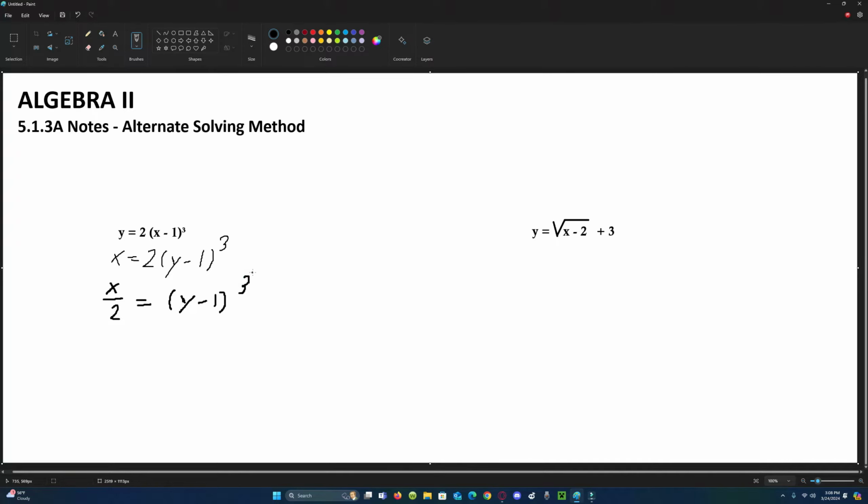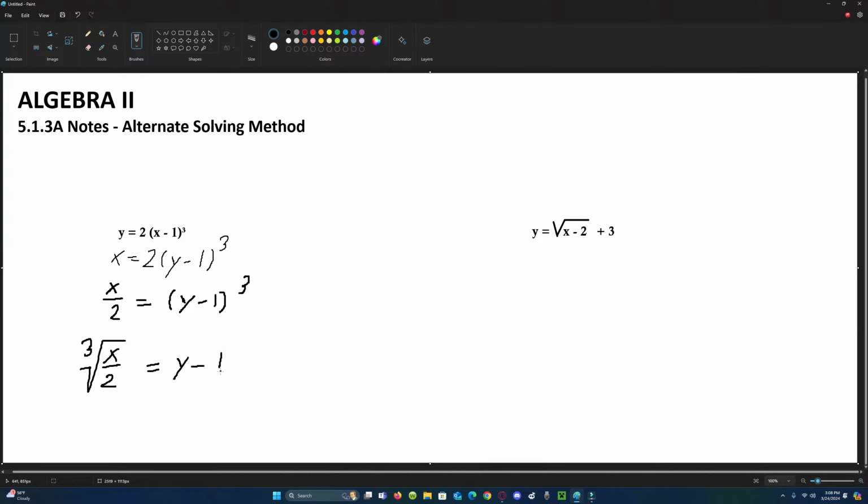And then we have to get rid of this cubed. So then all we have to do is take the cube root of x over 2, and then that equals y minus 1.